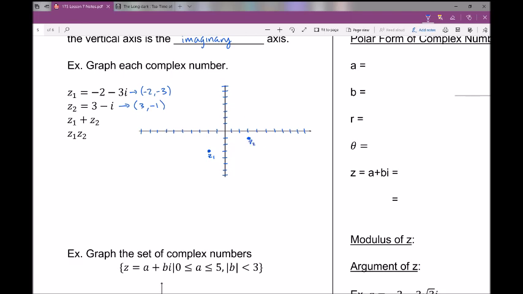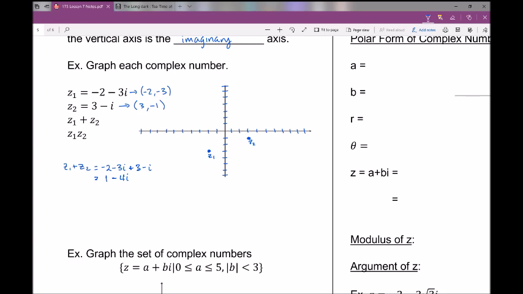Now if we want to add our two numbers, z1 plus z2, all we have to do is add the like terms. So z1 plus z2 is the same as negative 2 minus 3i plus 3 minus i. Negative 2 plus 3 is a positive 1, and negative 3i minus i is a minus 4i.